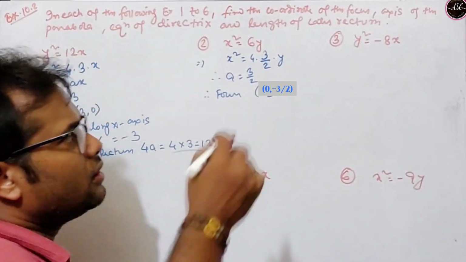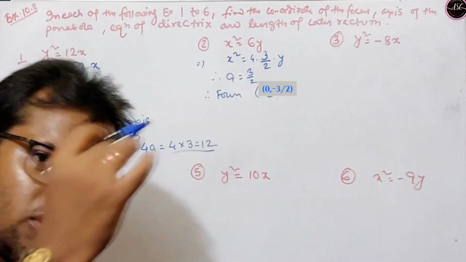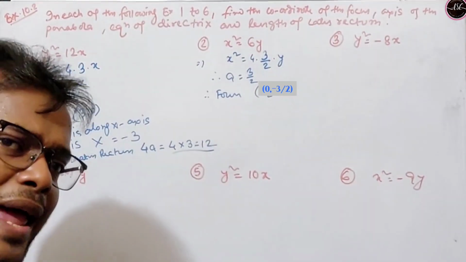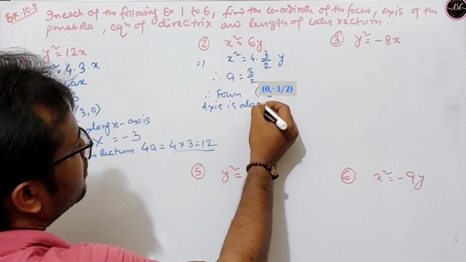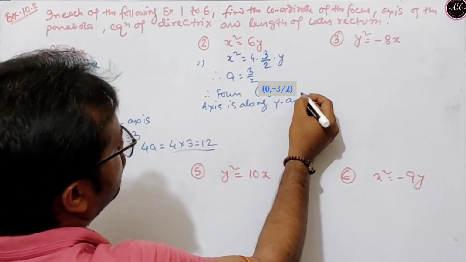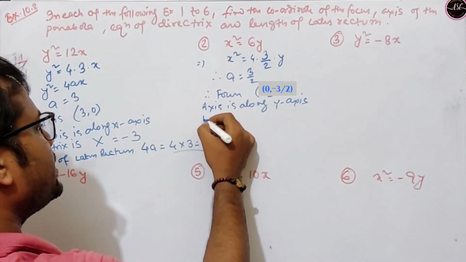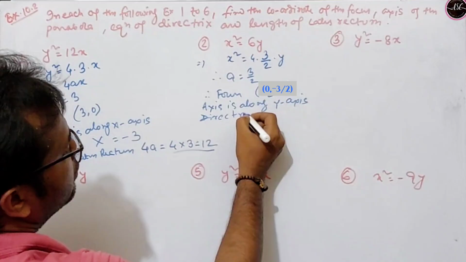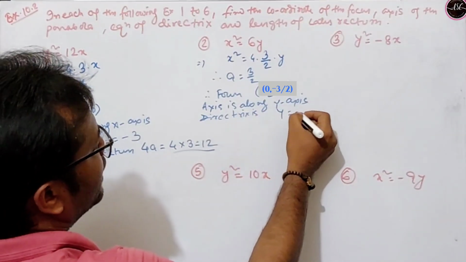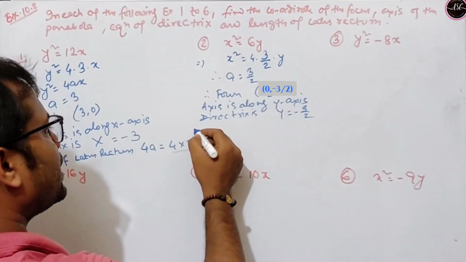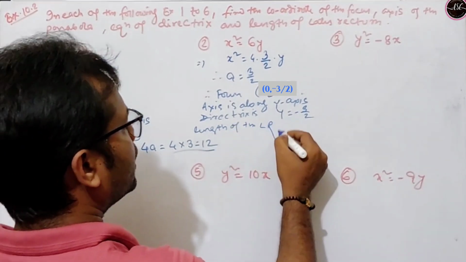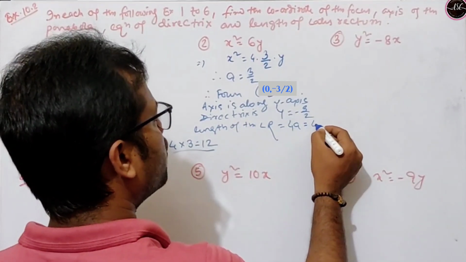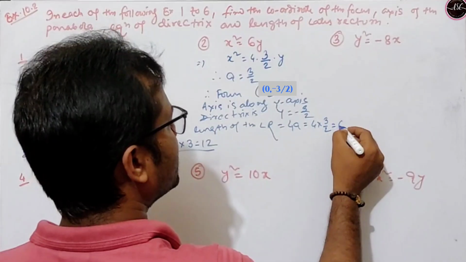Just look here, the coefficient of y is positive, so the parabola is upward. So the axis is along the y axis, and the directrix is y equal to minus 3 by 2. The length of the latus rectum is 4a, that means 4 into 3 by 2, that means 6.